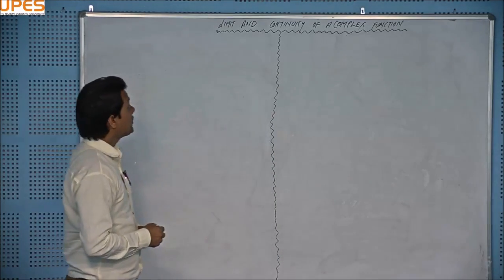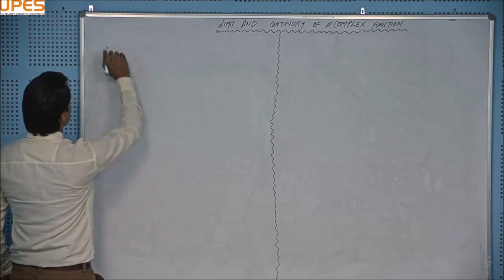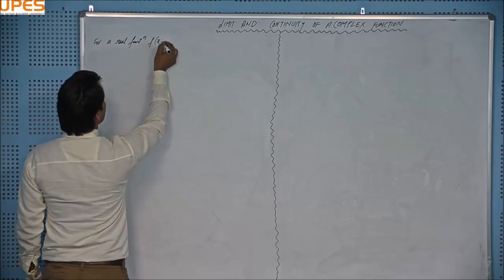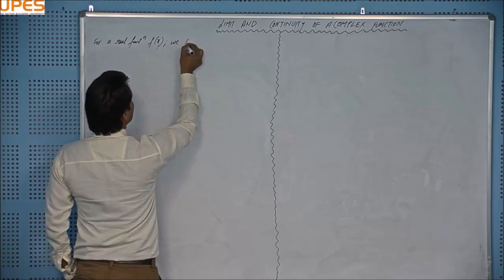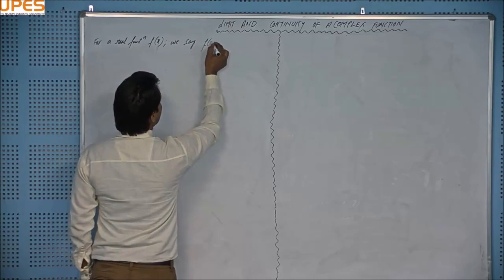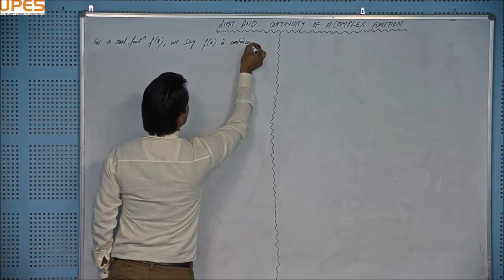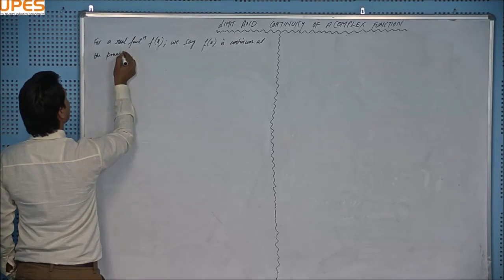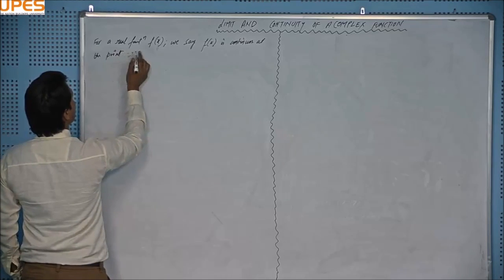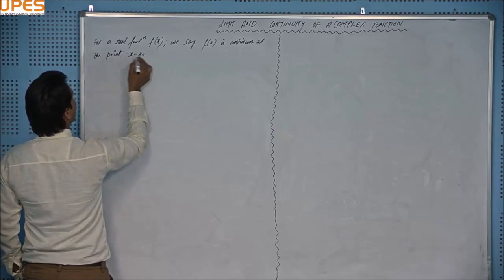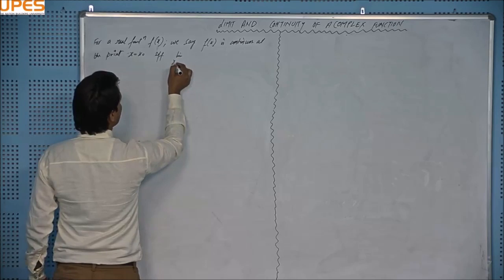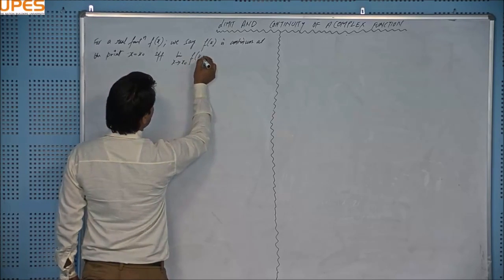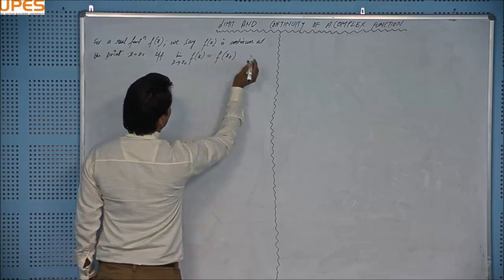Okay, fine. Now, continuity of a real valued function. First I will recall that for a real function f(x), we say f(x) is continuous at the point x equal to x naught if and only if the limiting value of the function as x approaches x naught is equal to the value of the function at x naught.